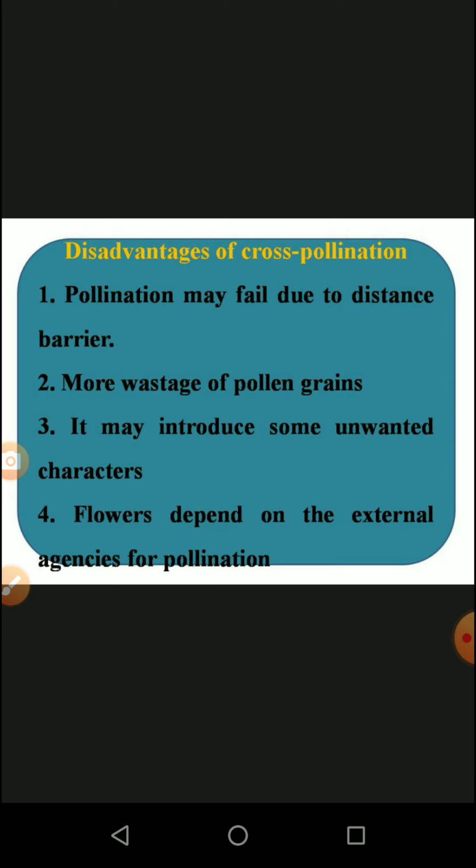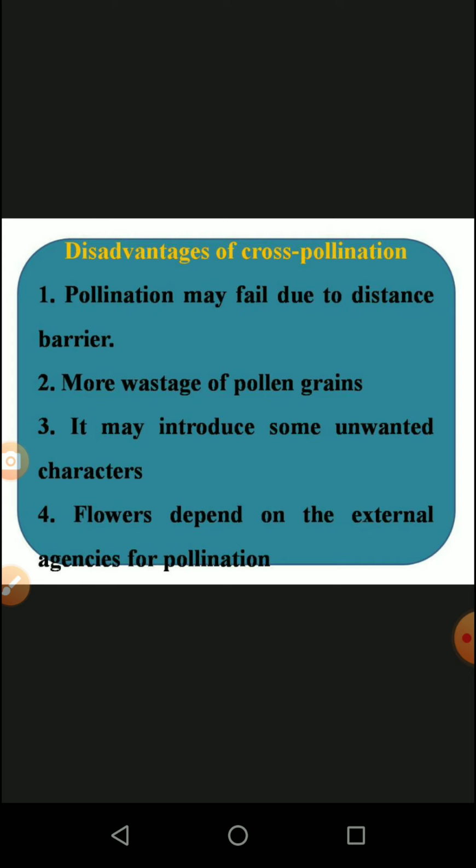And the disadvantages of cross pollination: pollination may fail due to distance barrier. That means the male plant is located here and the female plant is located very far away, so pollination cannot take place. There is more wastage of pollen grain by wind, water and insects, so some pollen grains are lost.